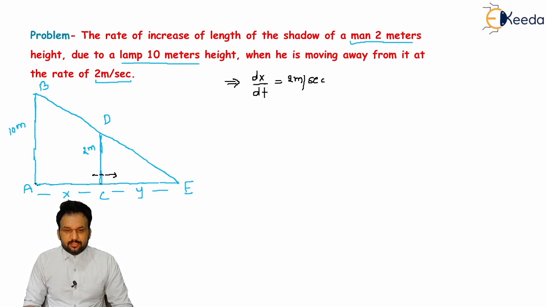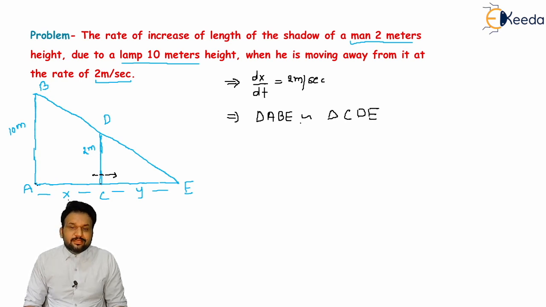And what is y here? If he reached here, that will be the end point, because its shadow is falling here. So y is the distance from C to E. Now you can see there are two triangles, ABE and CDE. And there is a rule for triangles, the similarity rule of triangles: triangle ABE is similar to the other triangle, CDE.